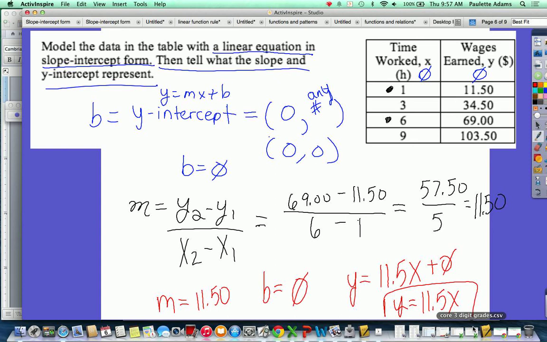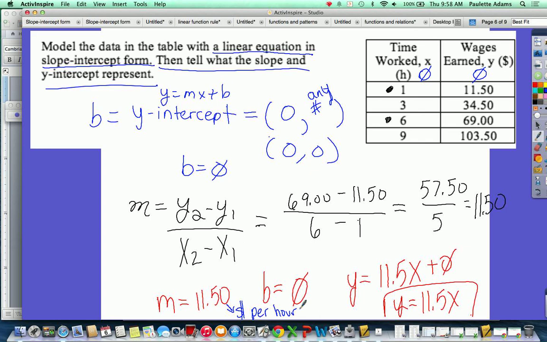What does the 11.50 stand for? How much money you earn per hour. This is your money per hour.